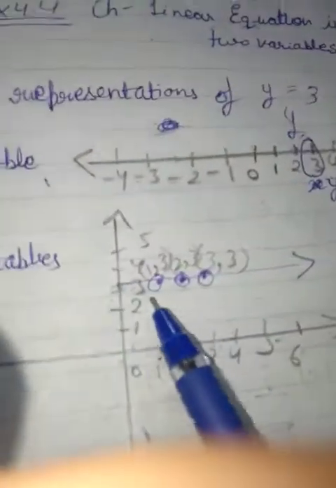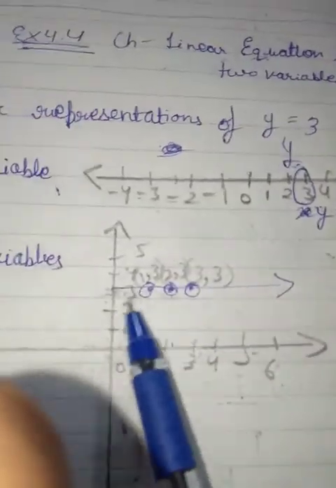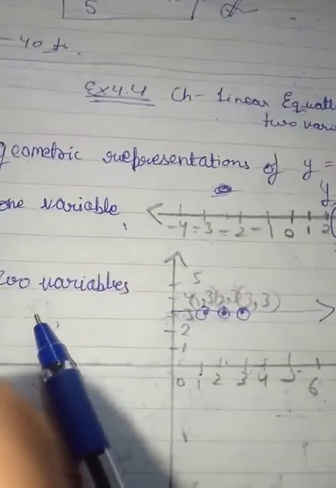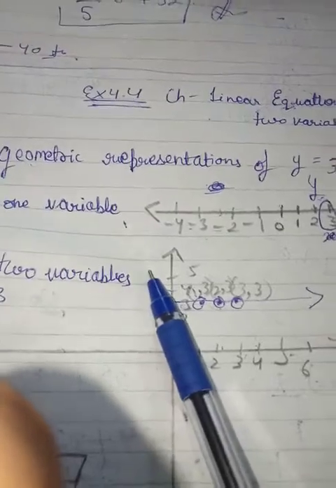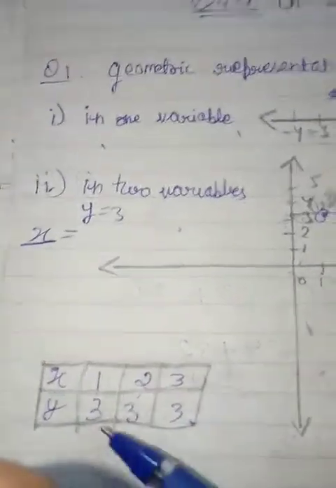Always remember that when a straight line is coming, your answer is correct. If the line is not coming straight, then one of your solutions is wrong. So check the solutions; if the line is coming straight, your answer is correct.